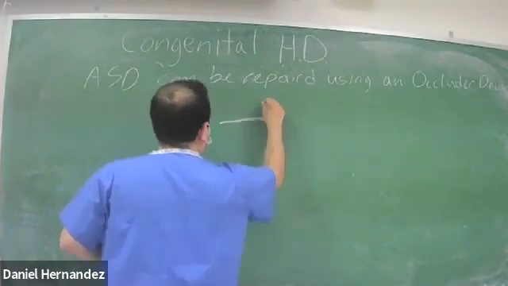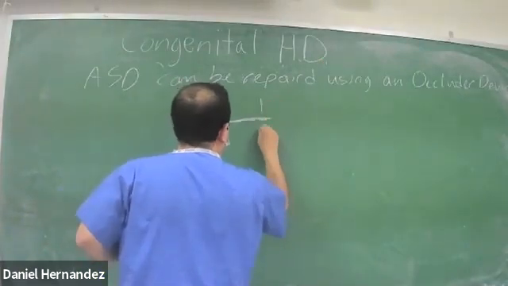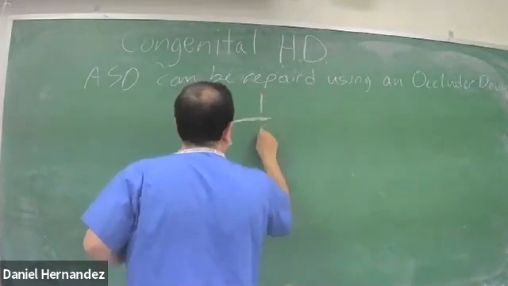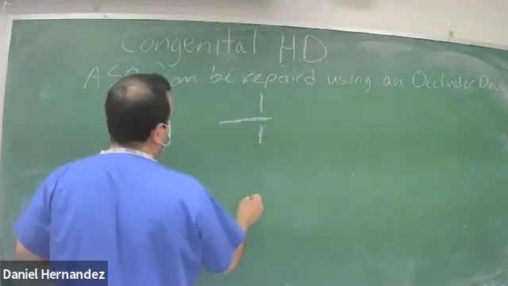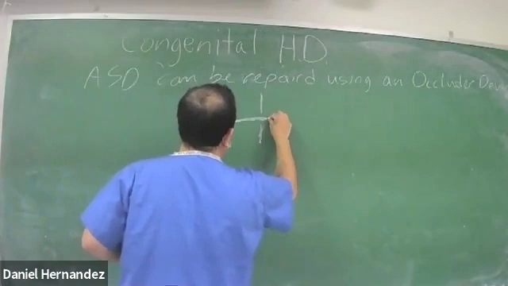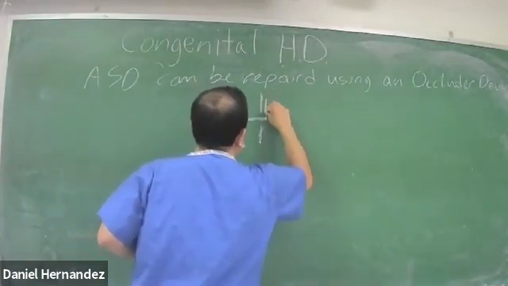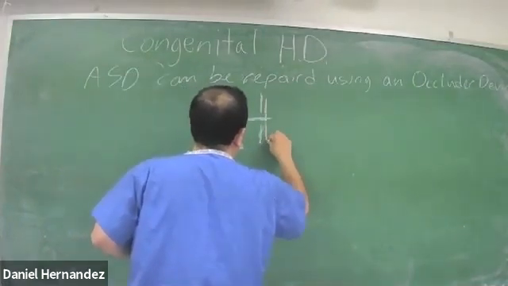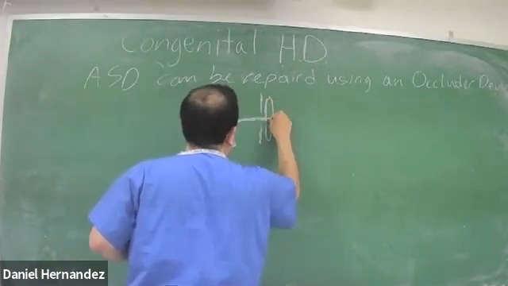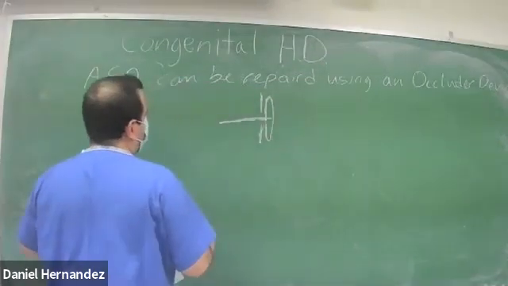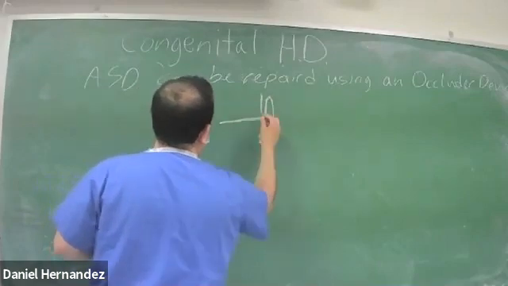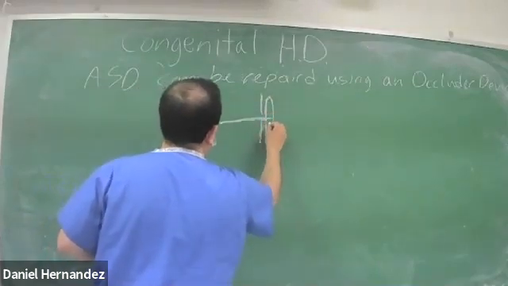They place it into the hole in the ASD, and then they open up the catheter, and it opens this device that kind of looks like an umbrella. And then they remove the catheter, and that device plugs and closes up that ASD.